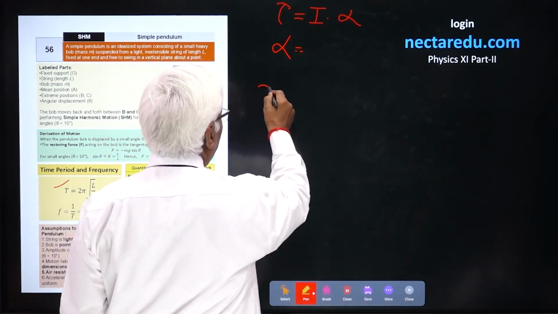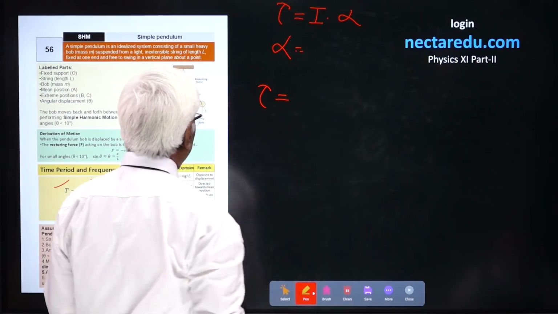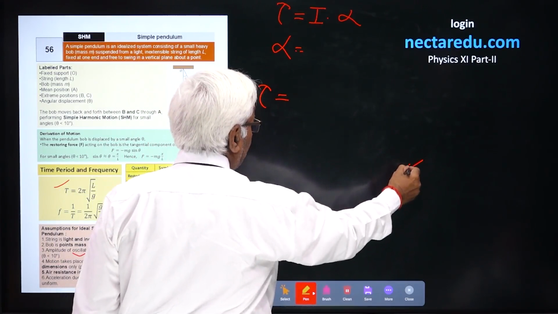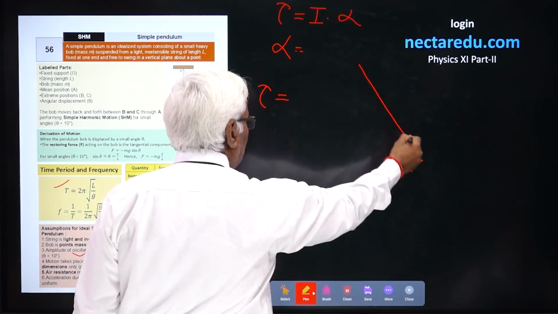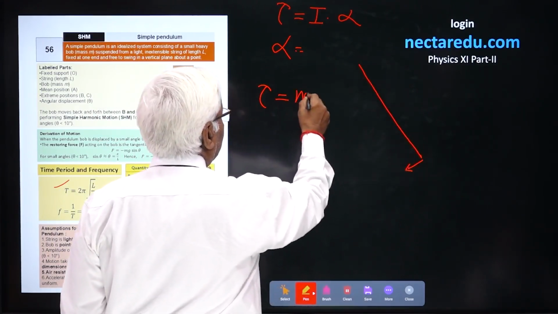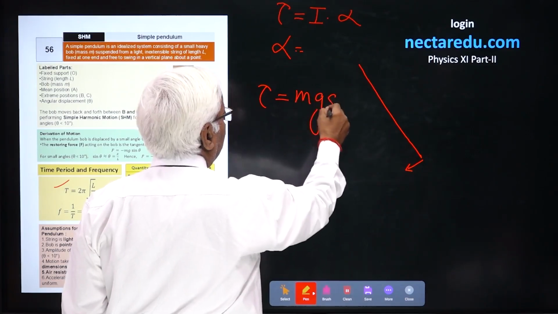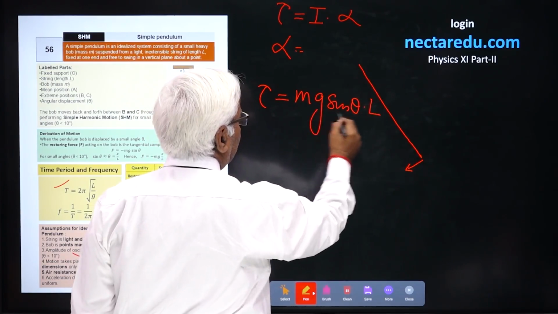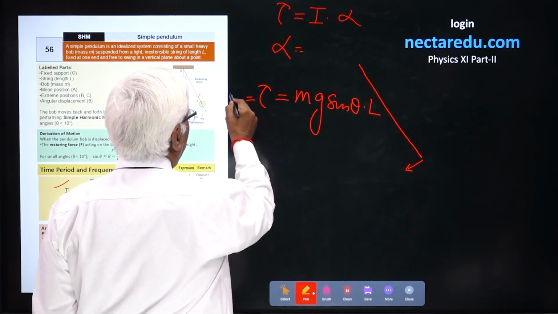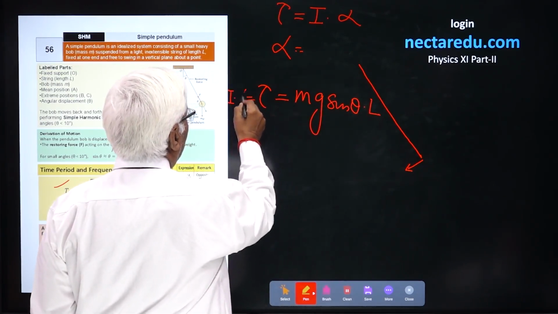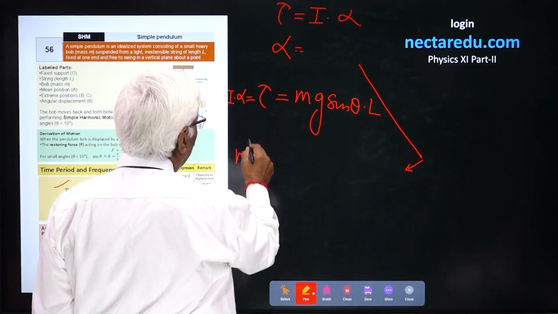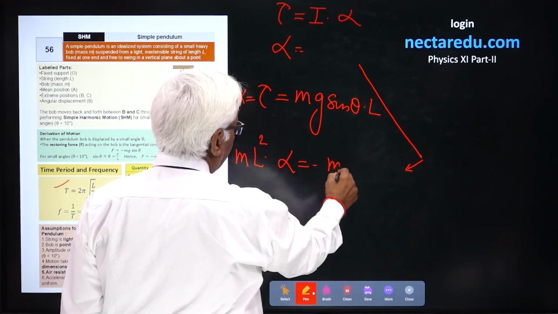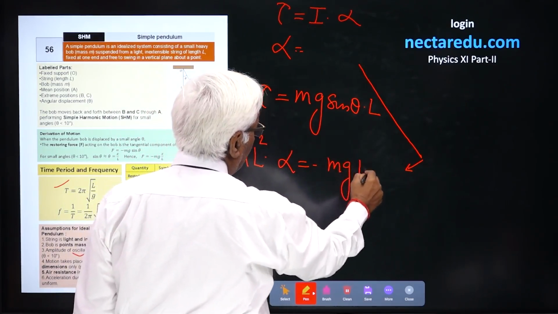Restoring torque could be written as force into perpendicular distance. As I told you, force would be mg sin theta and perpendicular distance will be L. Then this torque would be written as mg sin theta into L, and this will be I alpha. I will be mL square alpha, minus mg L.